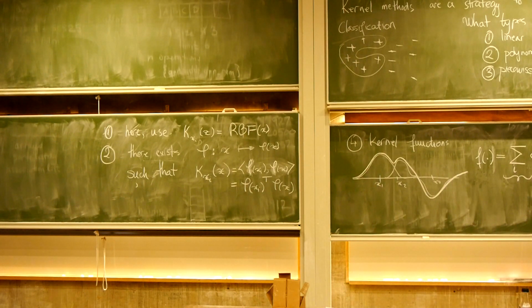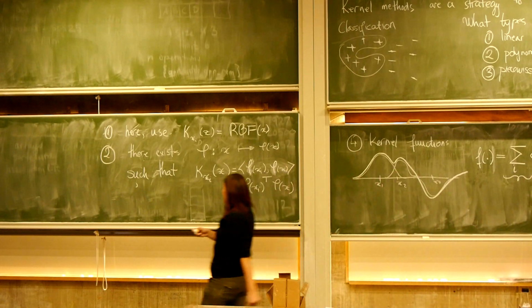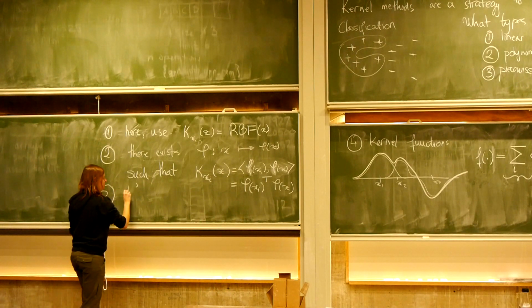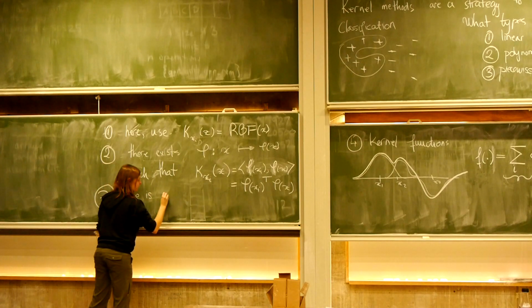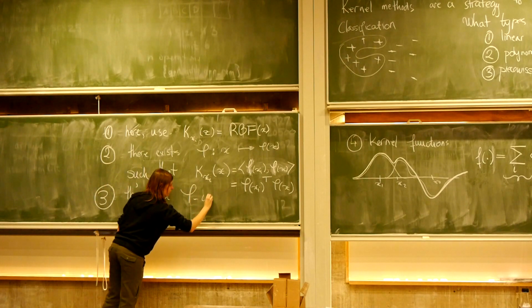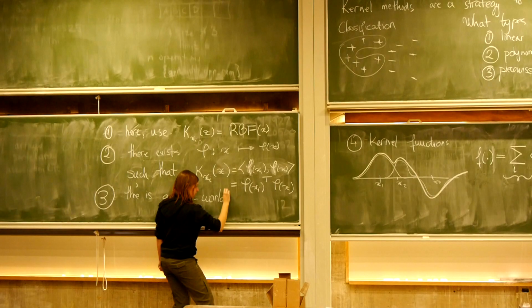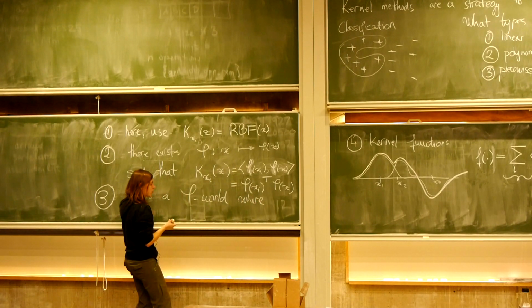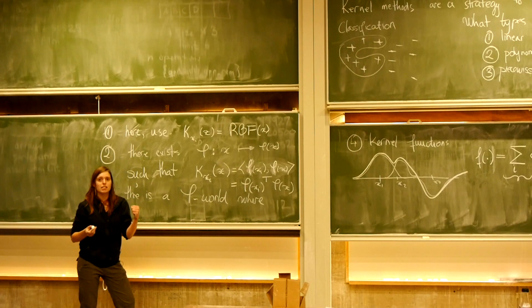That in some phi world, we have a linear decision boundary? Exactly. In the phi world, I love the word phi world. This is how I'm teaching from now on. So step 3, because of that, there is a phi world where it makes sense to look for a linear decision boundary.